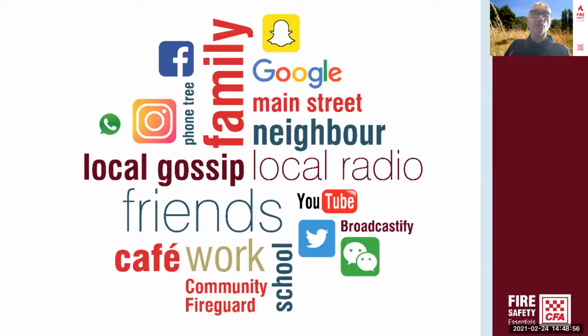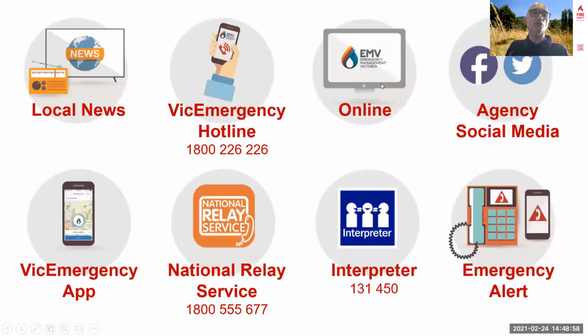The CFA would strongly advocate for the use of the following information channels, information sources. And by far, and we've already mentioned it a number of times, the Vic Emergency app is one of the best, if not the best, information source to have on your mobile phone to define weather activity on a bad fire day.